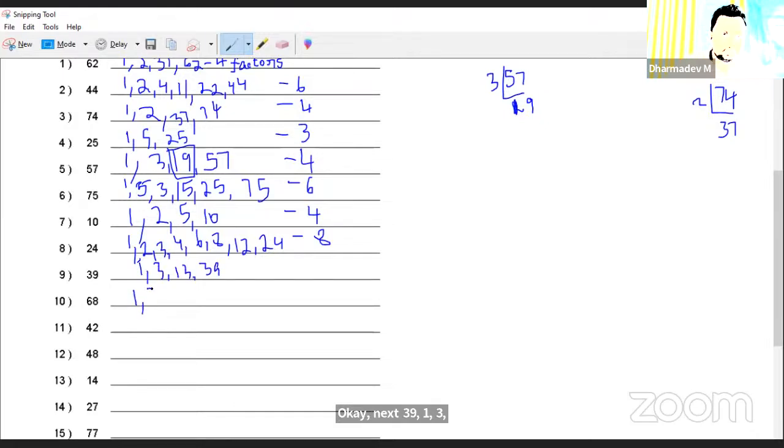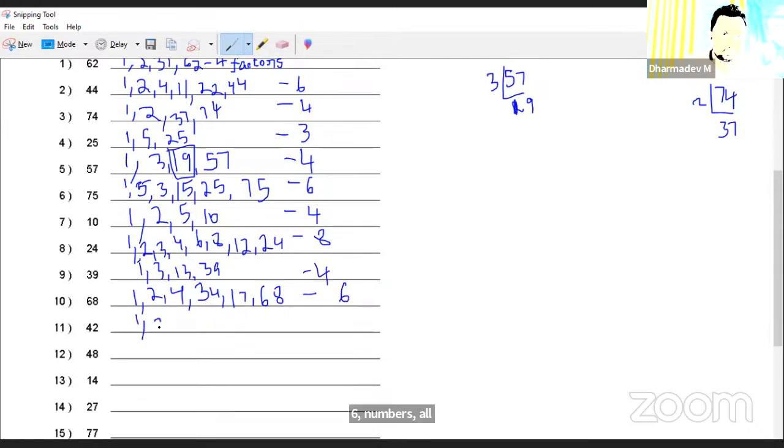Then 68: 1, 2, 4, 17, 34, 68. 6 factors.